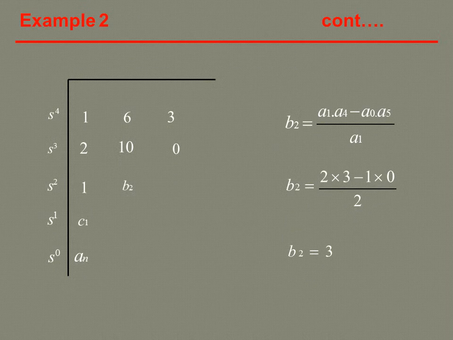Replace b1 with 1 and calculate b2. So b2 is equal to a1 a4 minus a0 a5 divided by a1. So that is 2 into 3 minus 1 into 0 divided by 2. So b2 is equal to 3.